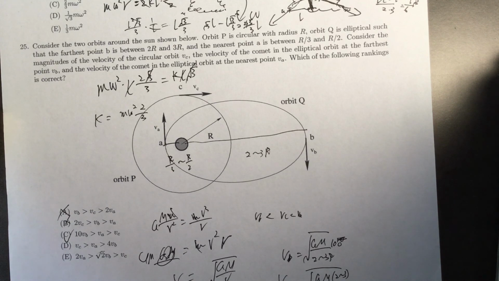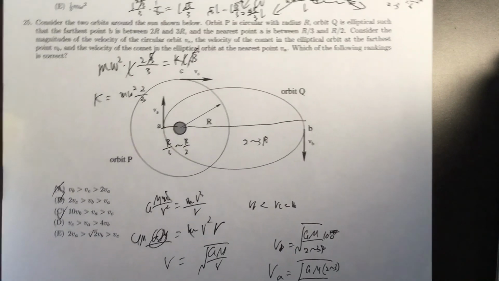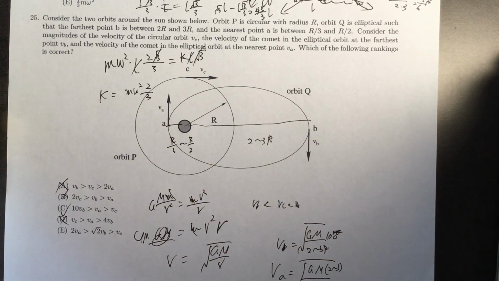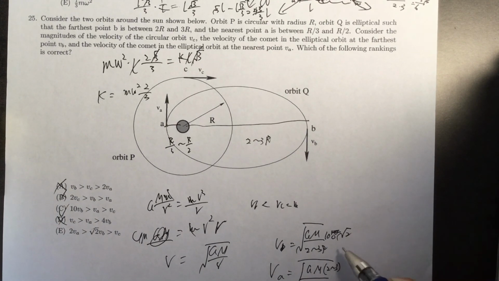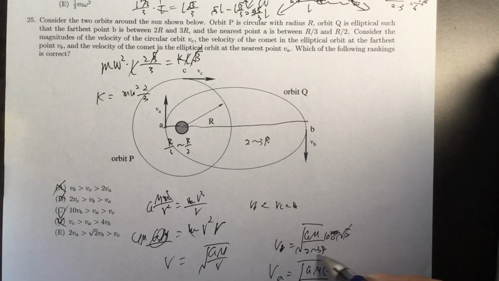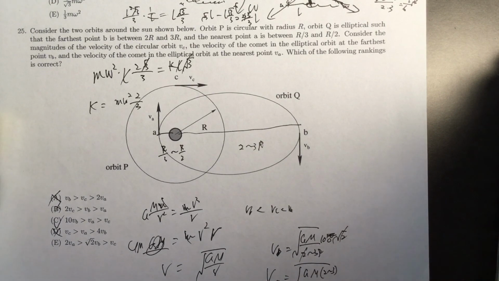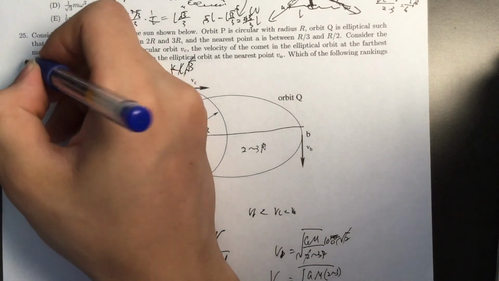D option says VC is bigger than VA. Of course not. 2VA is bigger than square root of 2 times VB. Yes, of course, but square root of 2 times VB is not bigger than VC because these two probably cancel out. But this is still a lot bigger than this, no matter how you divide it. So this is wrong. So the answer is C.